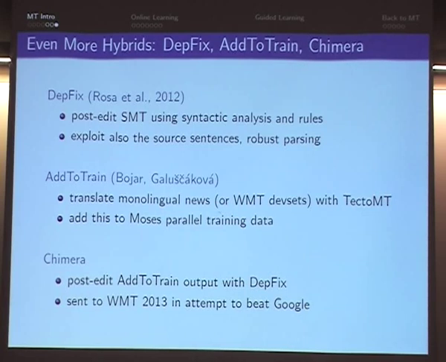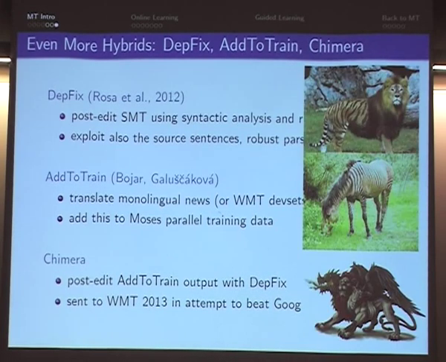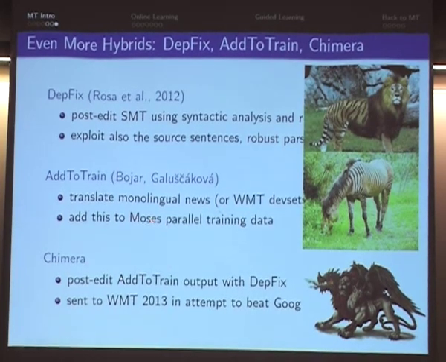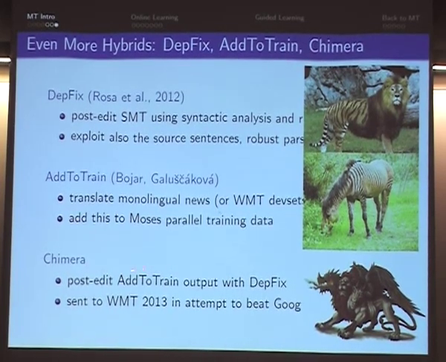Actually, those two animals were kind of tame and mild, but this one, it's really a chimera. It's a hybrid of hybrids. So this Friday, Ondřej had the idea to combine add-to-train with DepFix.